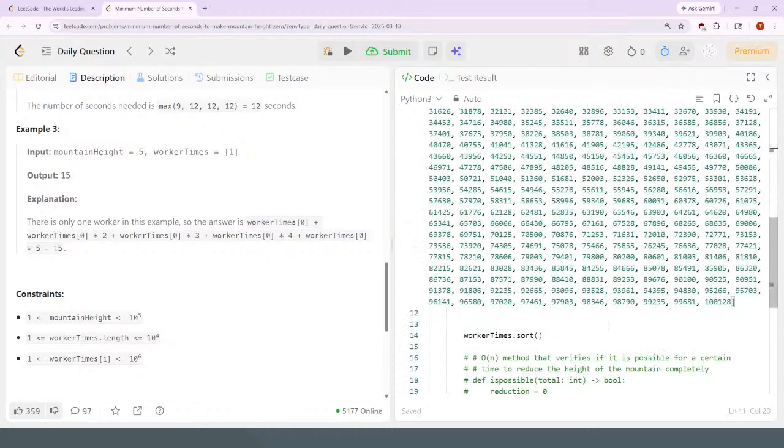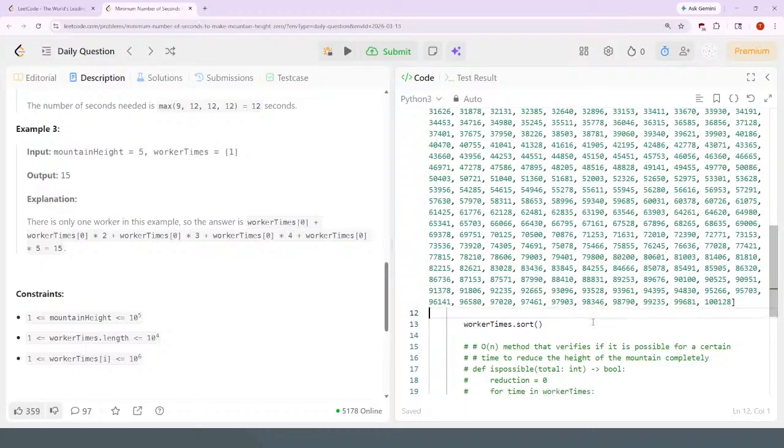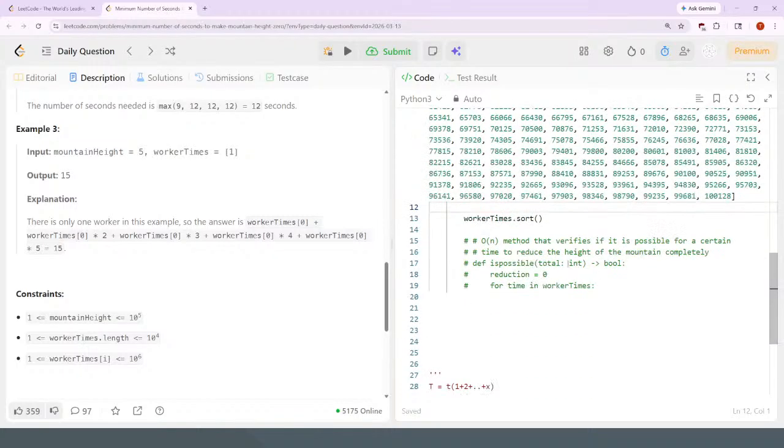And then I'm going to do the is possible here. So for every time t, so every worker time, I'll do the quotient.